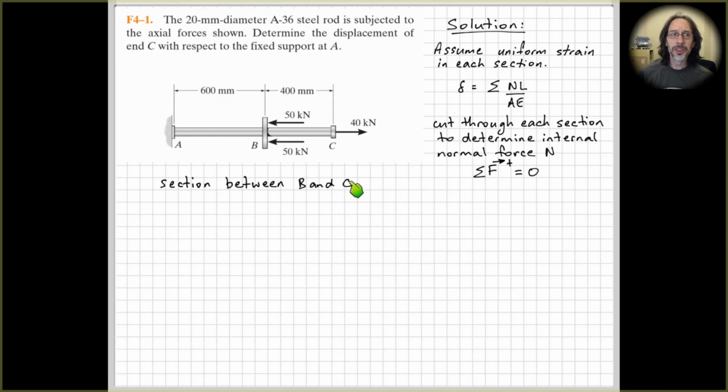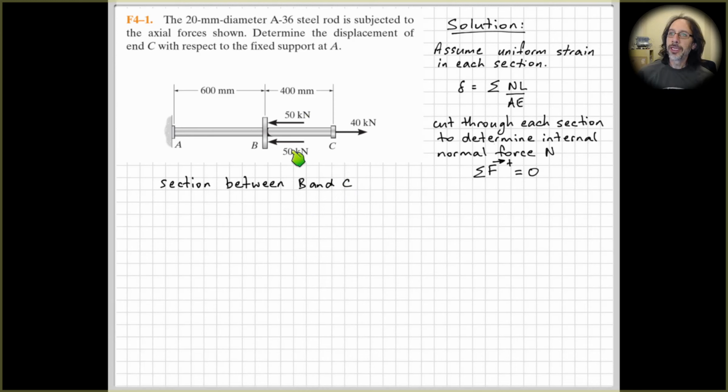Now you can probably do this in your head, but I recommend that you don't. I recommend that you follow the process and justify what you do so that someone else can come along and check your work. For a simple problem like this, sure, you could do it in your head and just write down the answer, but someone coming along and checking your work can't see inside your head. They have to rely on what you've written down.